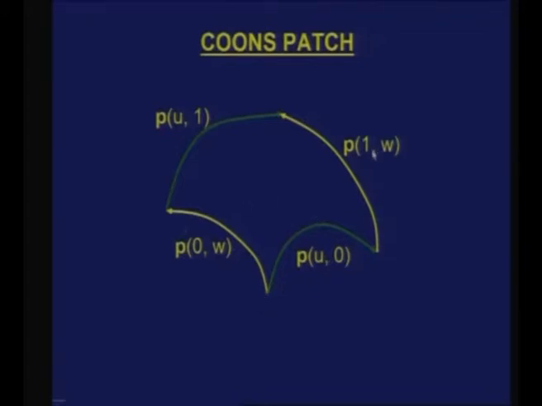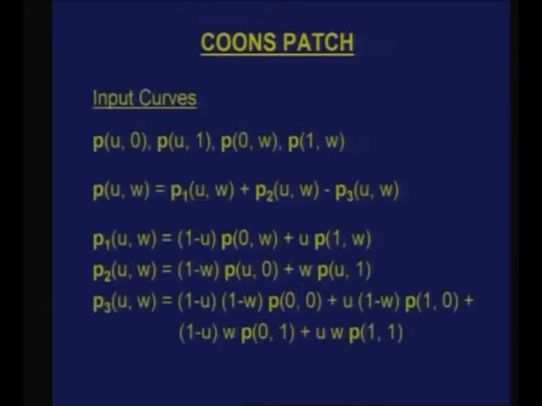Here U is constant, that is U is equal to 1, and W is varying from 0 to 1. If I specify these four boundary curves, because sometimes it is easier to define curves rather than surfaces because of the complexity of equations, then a Coons patch can be defined using a definition like this.